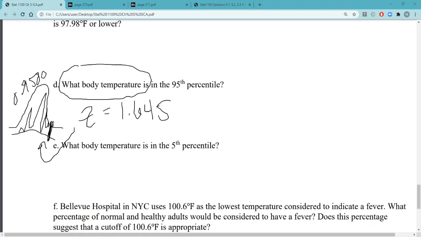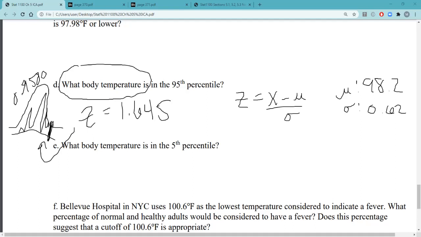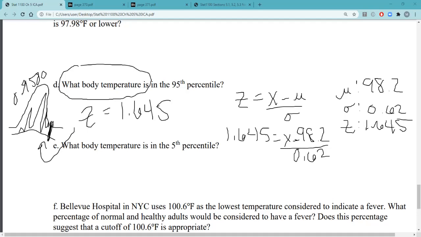So now I have my z, and I have the mu and the sigma that were given earlier. So again, remember our mu was 98.2 and our sigma was 0.62. And I now added that I know my z is 1.645. So I'm going to substitute in what I know and try to solve for x.